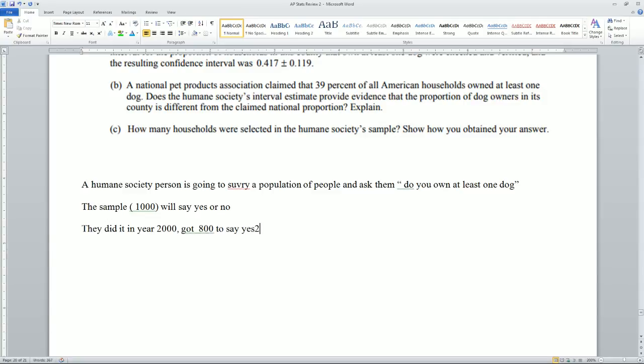Then they did it in 2001 and got 900 to say yes. Then they do this for several years. Then what happens? The confidence interval of 95% describes what?